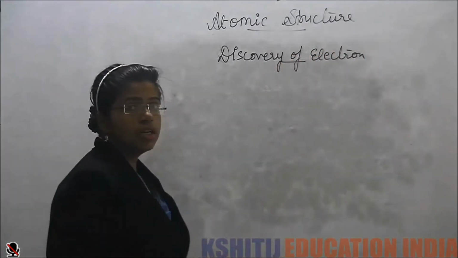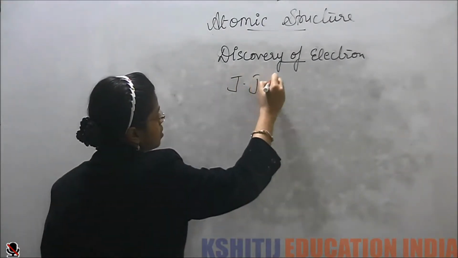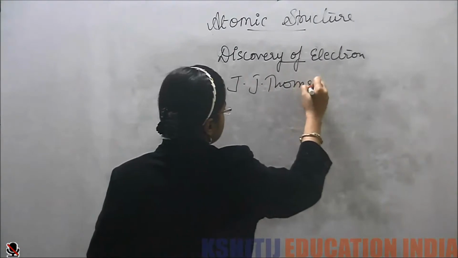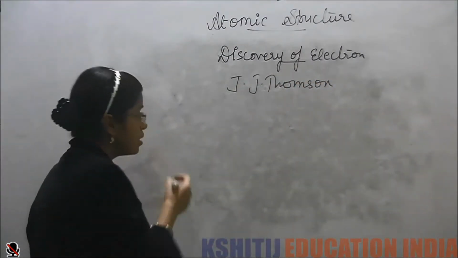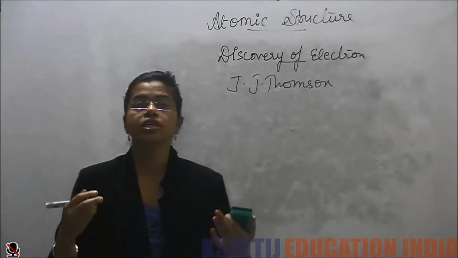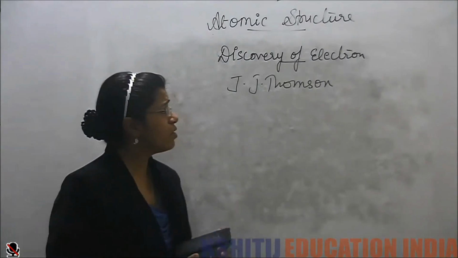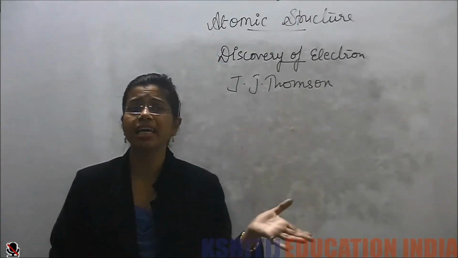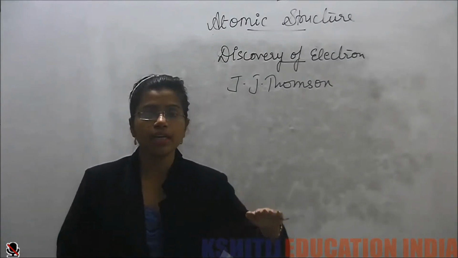Now the electron was discovered by Sir J.J. Thomson, right? What happened during the later half of the 19th century? It was found that normally dry gases do not conduct electric current under ordinary conditions.